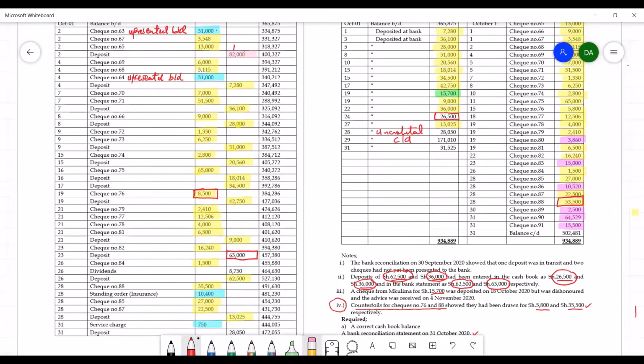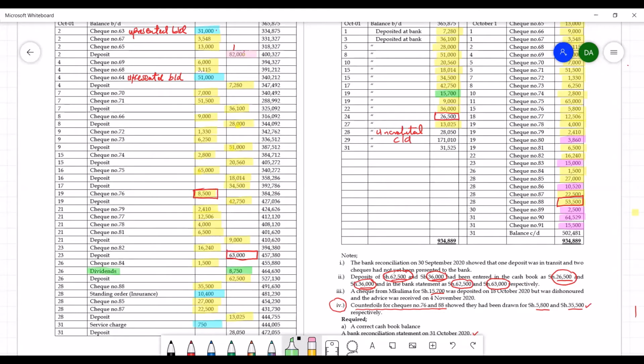That means that such a check only appears in the cash book and not in the bank statement. Also, in the bank statement, there's an amount here which we are told is dividends.